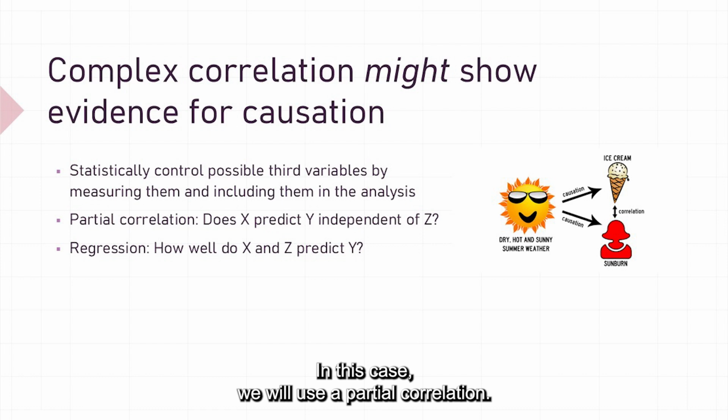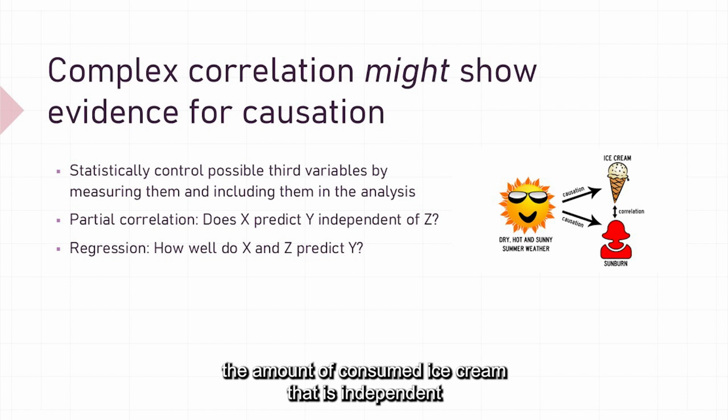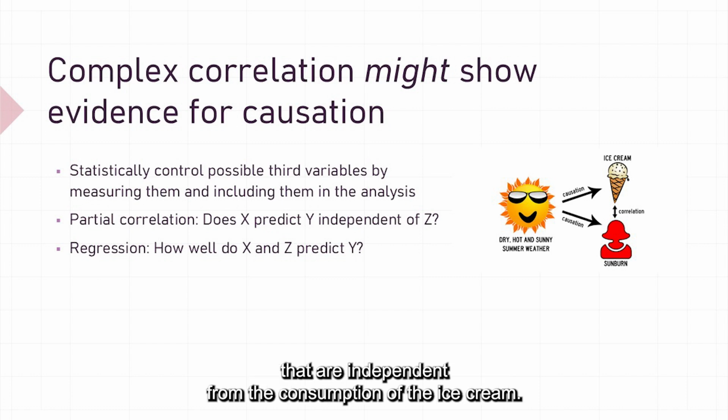In this case, we will use a partial correlation. Using partial correlation will allow us to examine the amount of consumed ice cream that is independent of the number of sunburns and the number of sunburns that is independent of the consumption of ice cream.